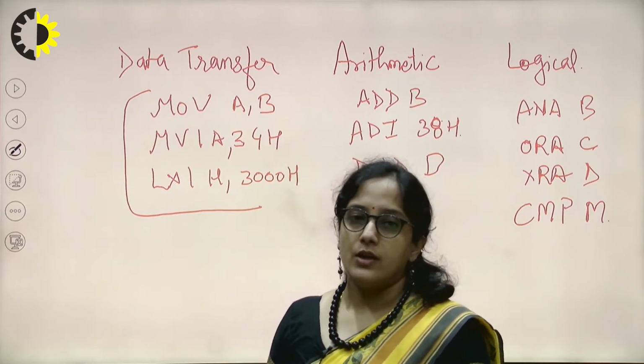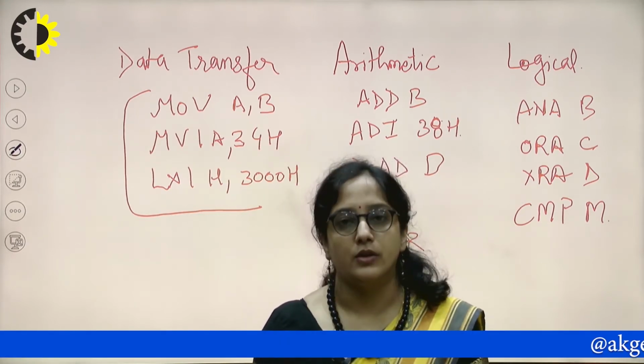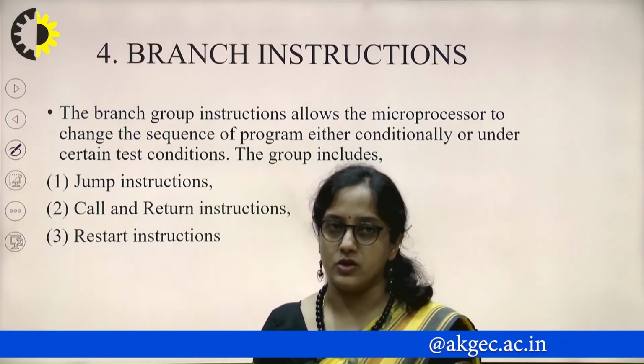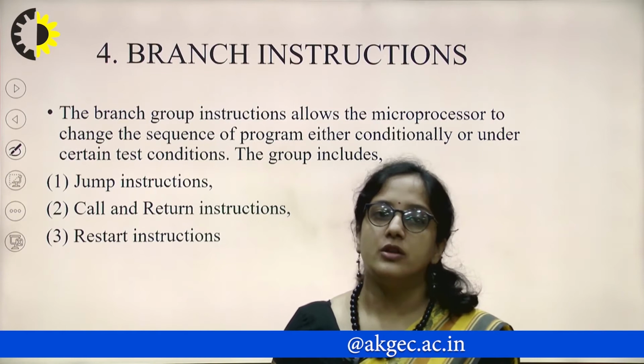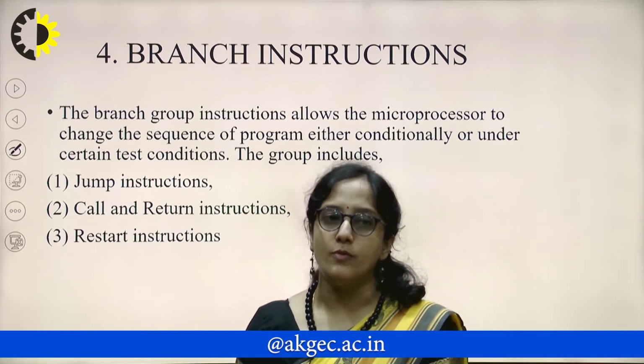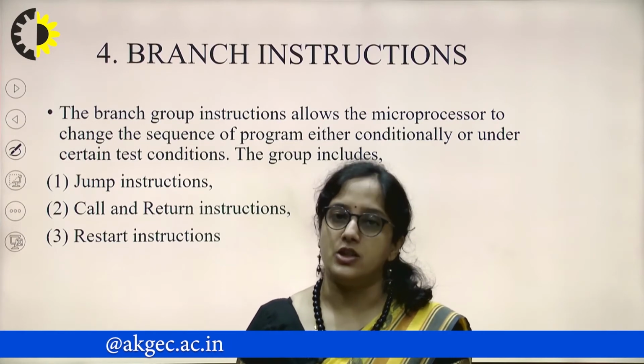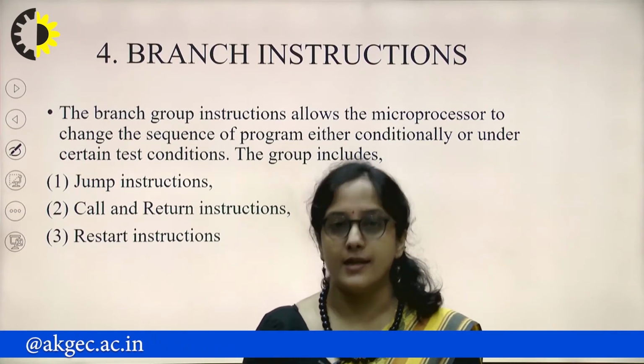So these all are the different instructions that we have covered in the last lectures. Now in this lecture, I am going to cover the remaining two parts, that is branch instruction and machine control instruction. Branch instructions are those instructions which allow the microprocessor to change the sequence of a program either conditionally or under certain test conditions.